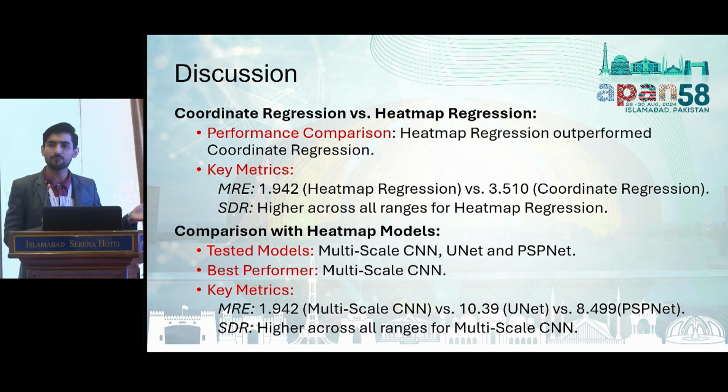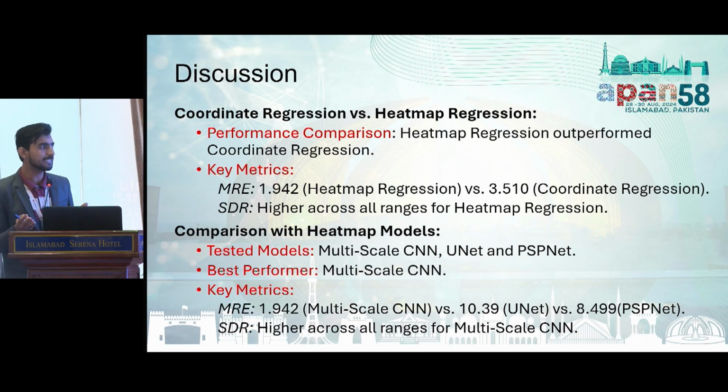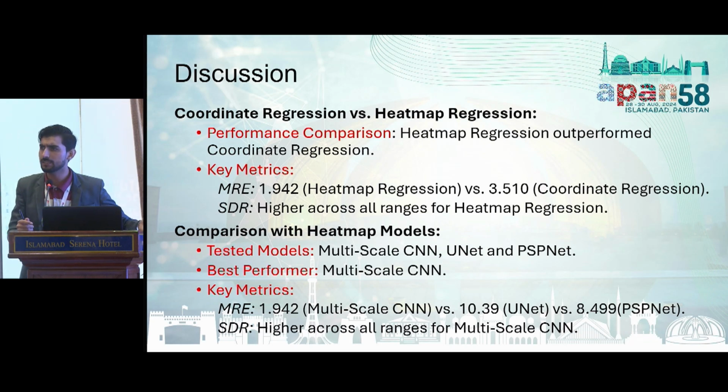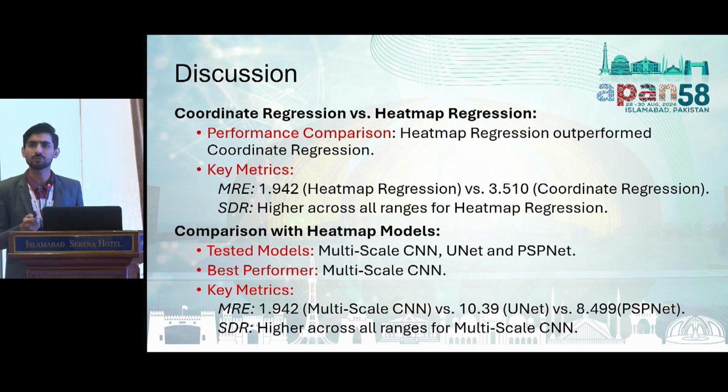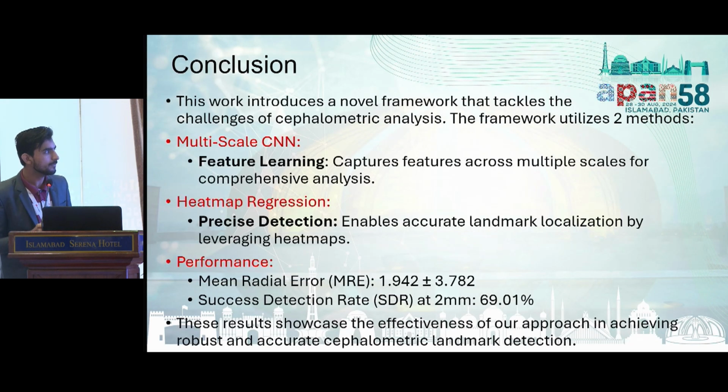The model that we use to test is the multi-scale CNN, as proposed and shown in the previous slides. We also use some state-of-the-art segmentation models like PSPNet and UNet. We experimented and found that our multi-scale fusion-based CNN architecture outperforms the state-of-the-art segmentation models.